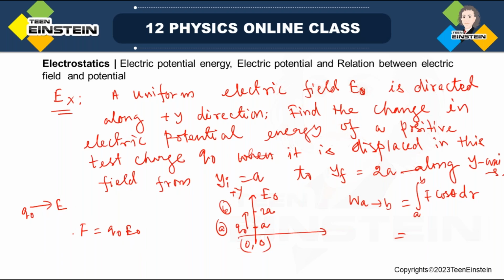So the direction of the force and displacement is the same, so theta is 0 degrees. So cos theta is equal to 1.